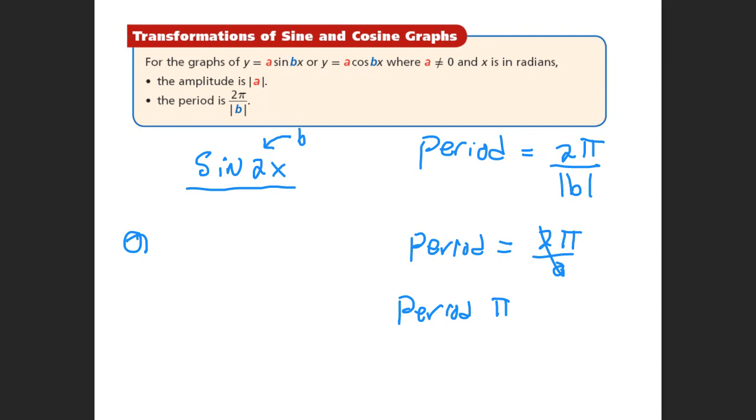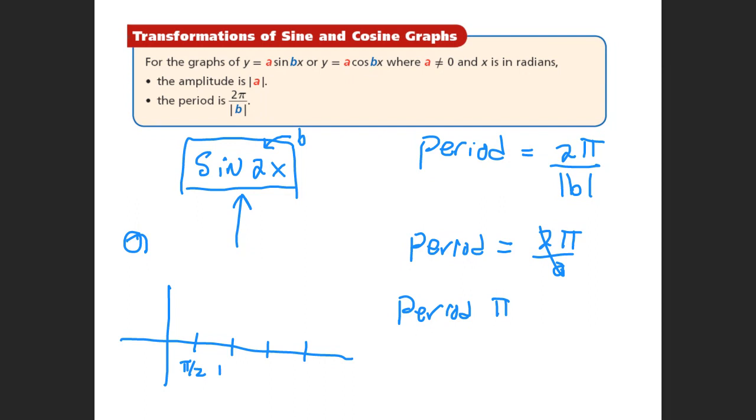Okay. So if I was going to graph this function right here, this is what it would look like. Usually we go like this. Whenever I do a graph, I usually say, okay, this is pi over 2, this is pi, this is 3 pi over 2, this is 2 pi.